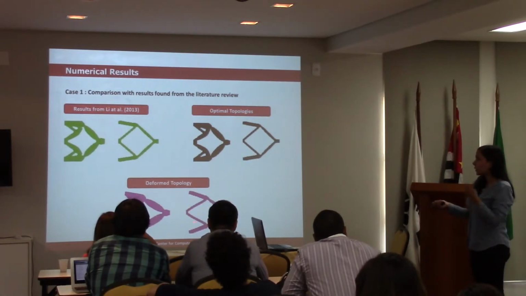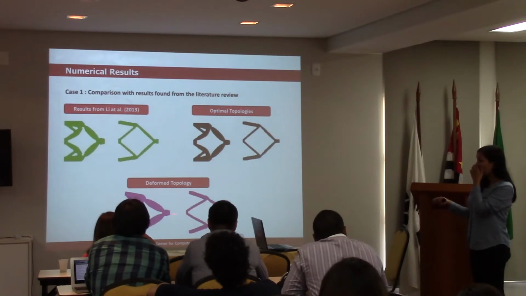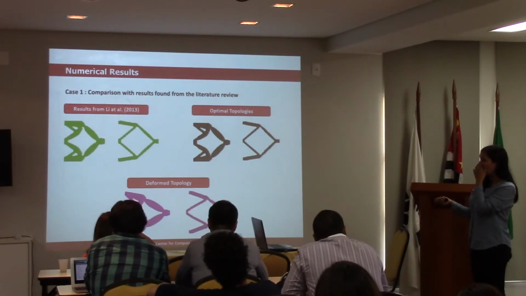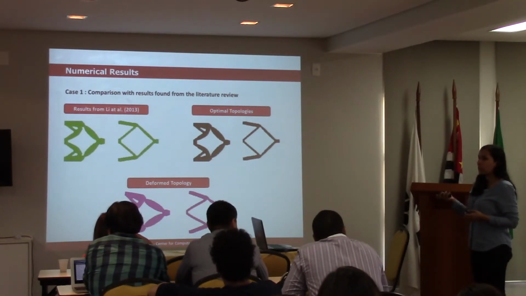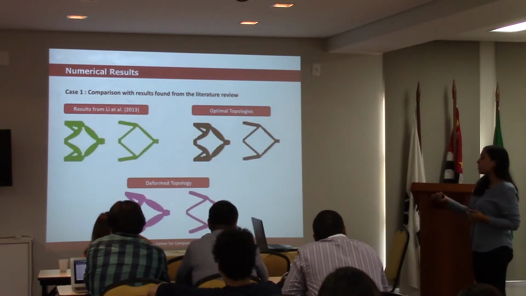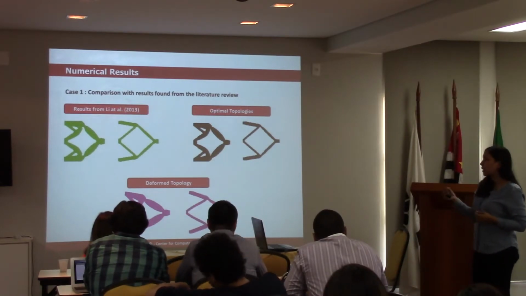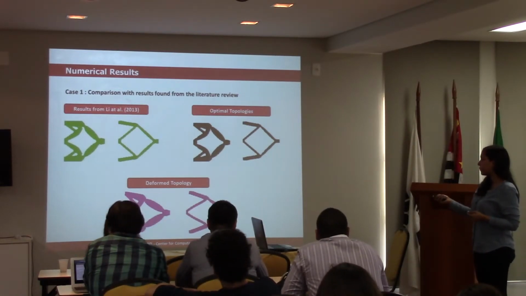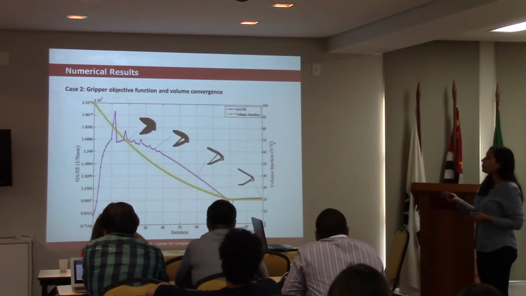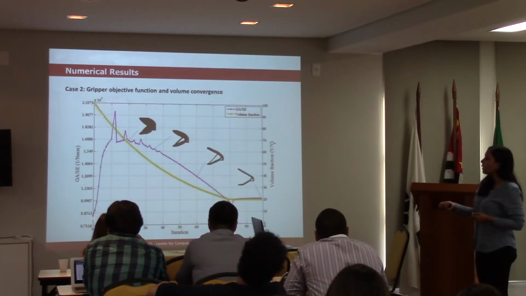We also include the deformed topology to actually see that it behaves the way it needs to behave. And the displacement at the output node is maximized in the desired direction. Now we have the second case, we have the evolution.